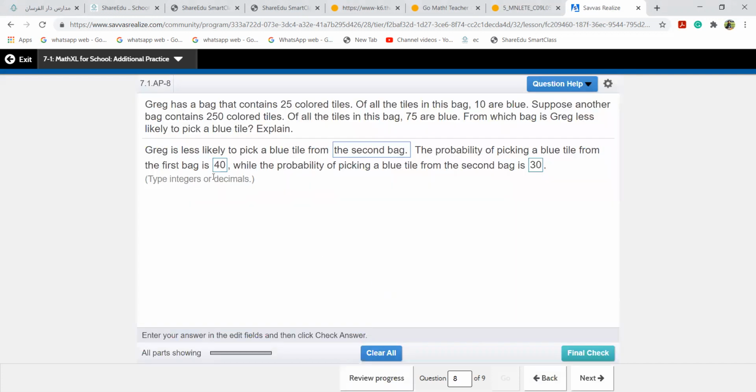Check again. The first bag, 10 over 25 times 100, yes, 40. And next is 75 divided by 250 times 100.